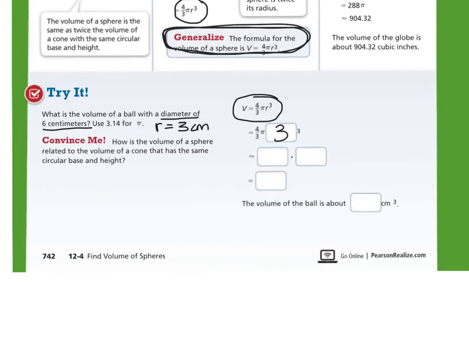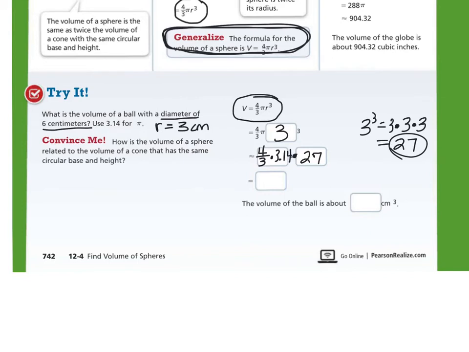Now, 4 thirds times pi times 3 cubed means we're going to do 4 thirds times 3.14 times 3 to the third power. Now remember, 3 to the third power isn't 3 times 3. It's 3 times 3 times 3 again, which is 27.